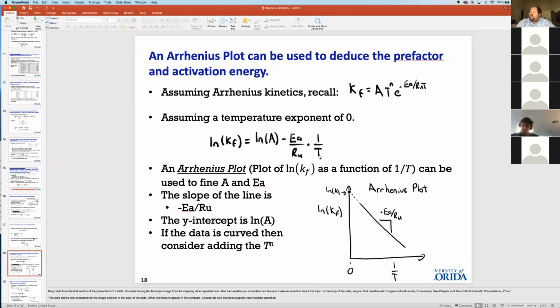And then if you plot that, basically on a log Kf versus 1 over temperature, this should be a straight line, and the y-intercept will be the natural logarithm of the prefactor, and the slope of this line will be minus EA over the universal gas constant. Okay.